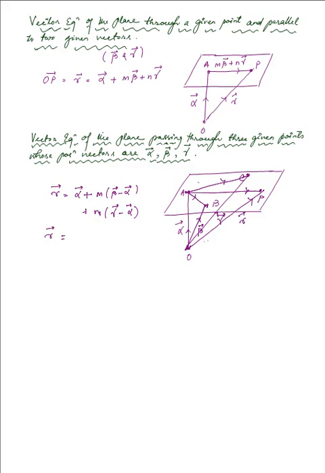So r is equal to alpha times (1 minus m minus n), and then we'll have m times beta vector and n times gamma vector. So that was the required equation of the vector.